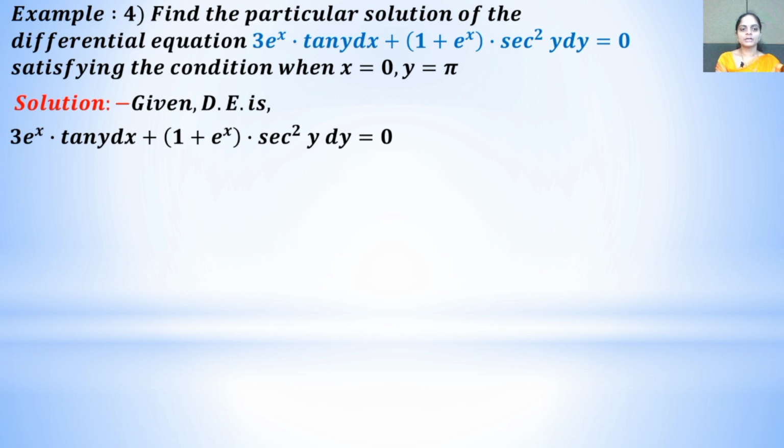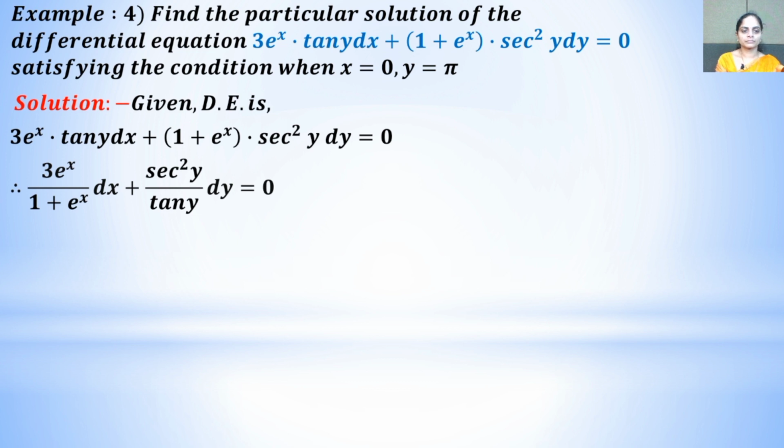To convert this equation in the variable separable form, we divide both the sides by tan y into 1 plus e raised to x. Therefore, 3 into e raised to x divided by 1 plus e raised to x into dx plus sec square y divided by tan y dy is equal to 0, which is our variable separable form.